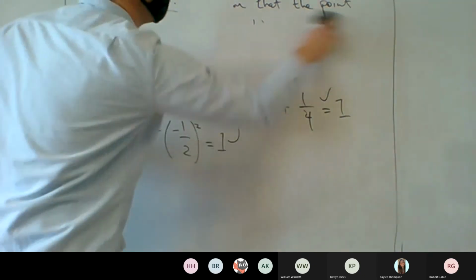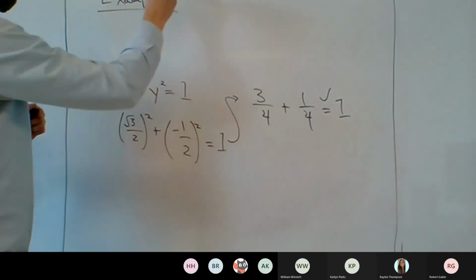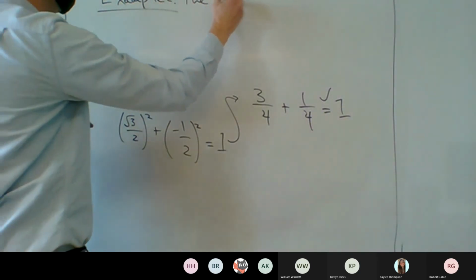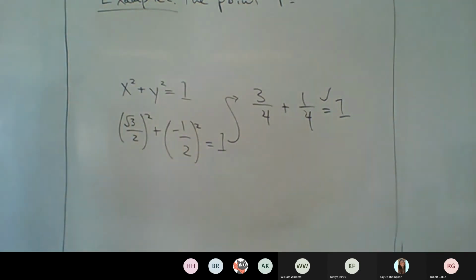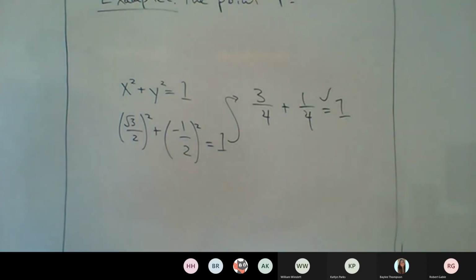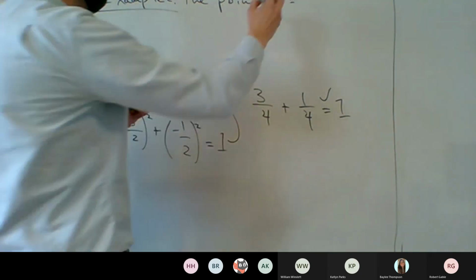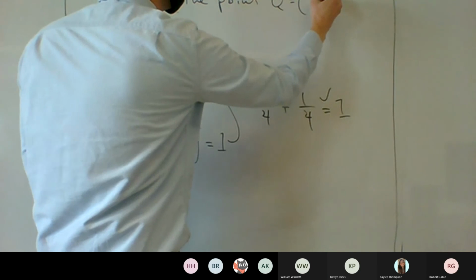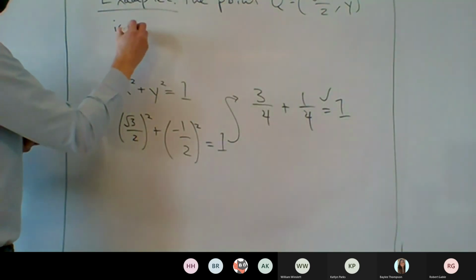Here's a more interesting example, in the same vein. Example 2. The point Q equals negative square root of 2 over 2 comma y is on the unit circle.